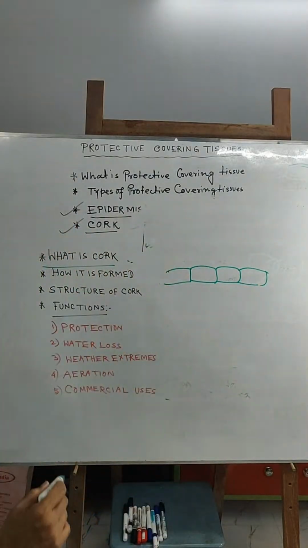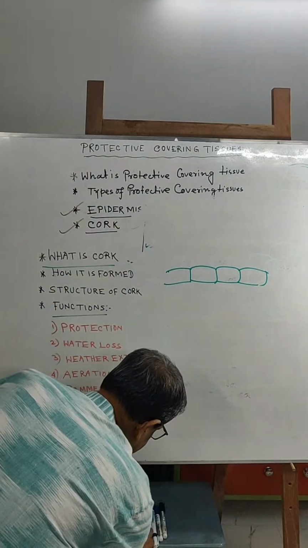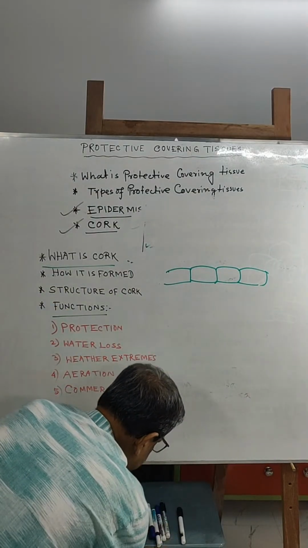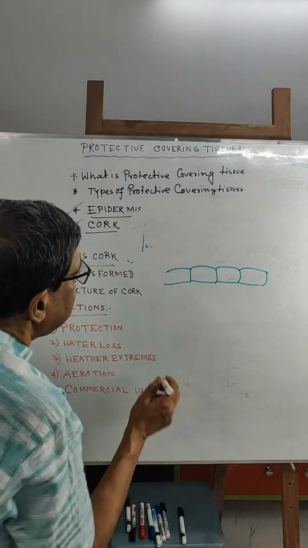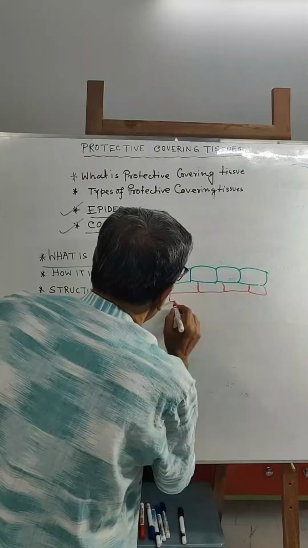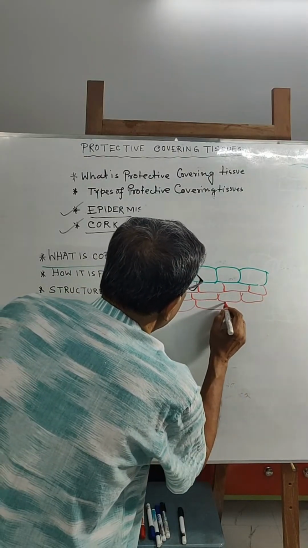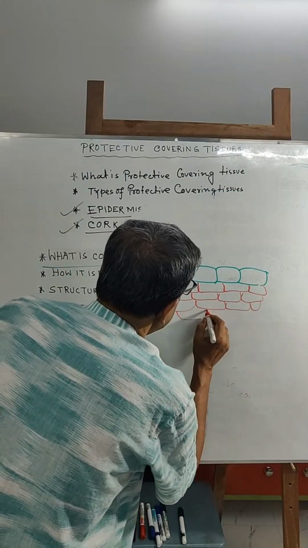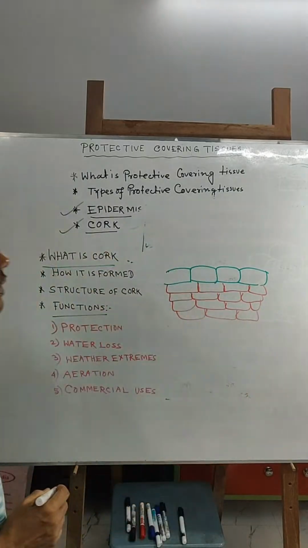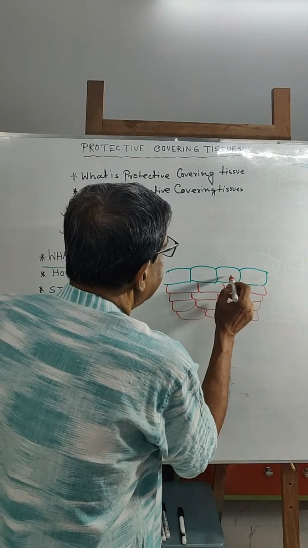This is the epidermis. Next, this is the cork cell. This is the epidermal cell.